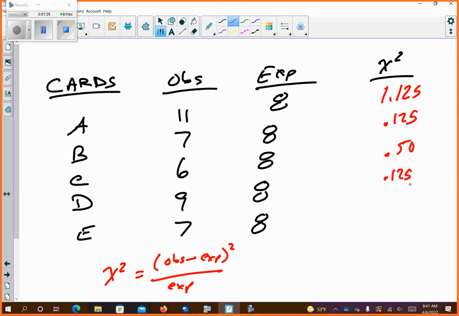Negative 1 squared is 1. 1 divided by 8 is 0.125. Okay, so that is just an extra column we're adding, and we use this equation to fill it in. How far should you go out in decimal places? 2 to 3 probably.